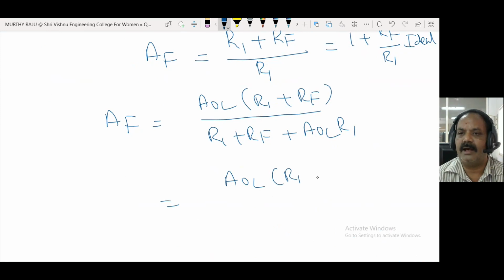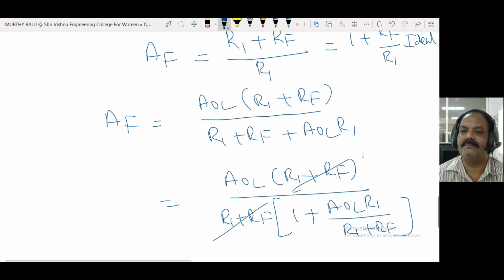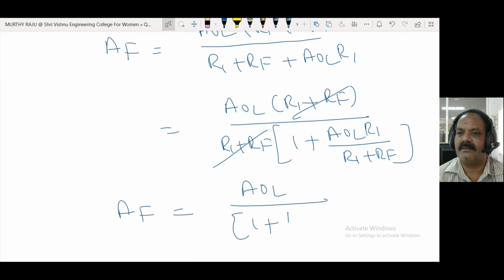R1 plus RF is the common term, so AF is AOL by (1 plus AOL R1 by R1 plus RF). These two are cancelled. Therefore, finally, AF is equal to AOL by 1 plus AOL R1 by R1 plus RF.